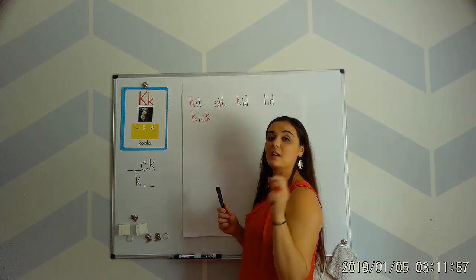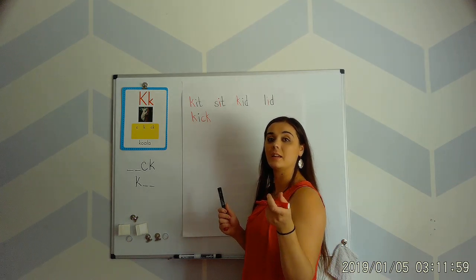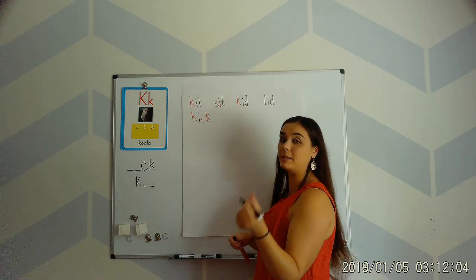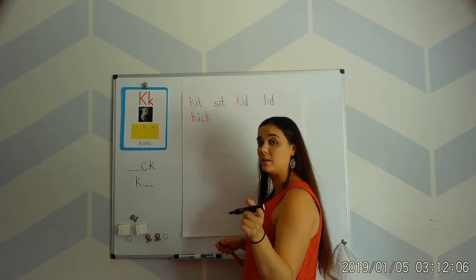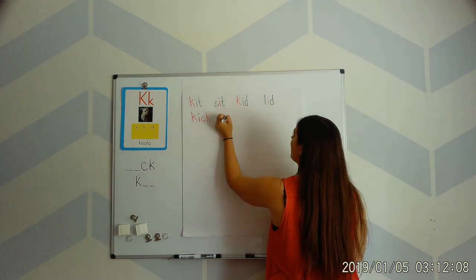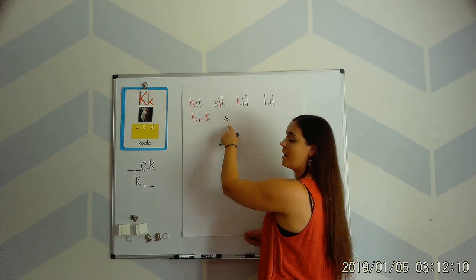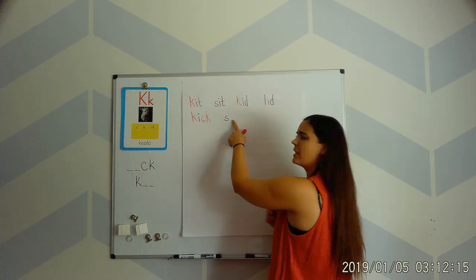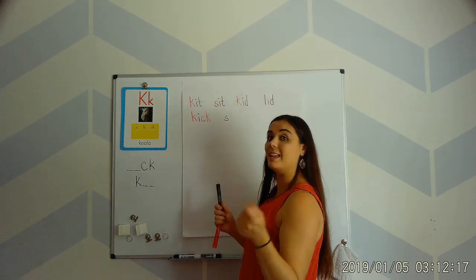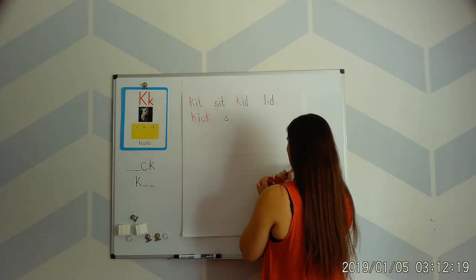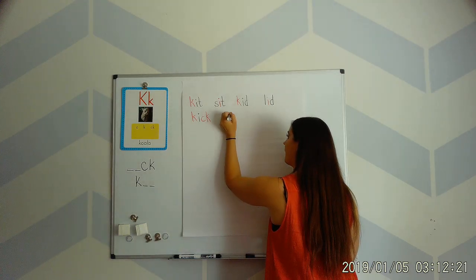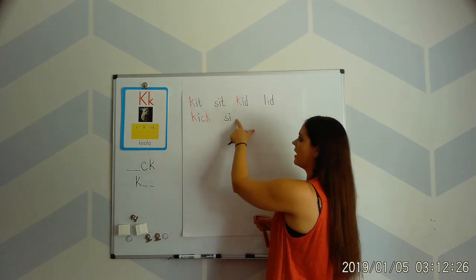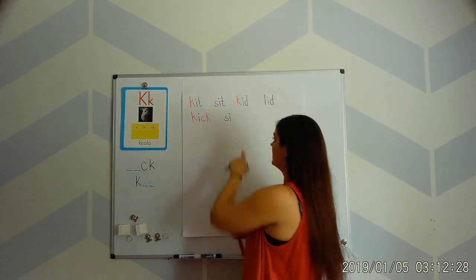Sick, s, i, k, sick. So what do we hear at the beginning of sick? Go ahead and say that letter. S. Yeah, we hear S at the beginning of sick. So I've got sick. What letter do you think comes next? Go ahead and shout it out. I. So that's an I. So what sound is that?